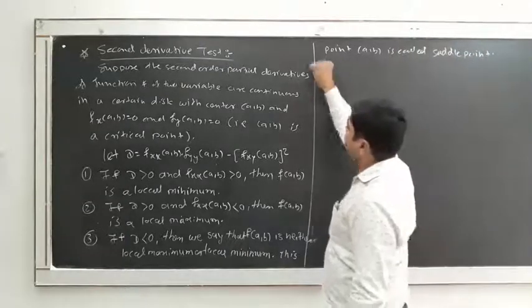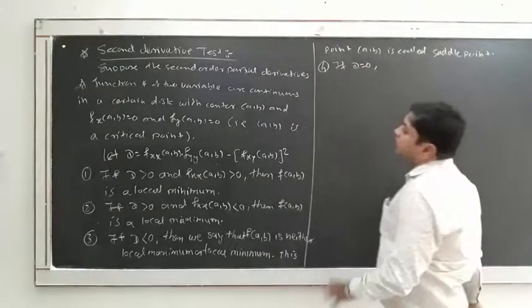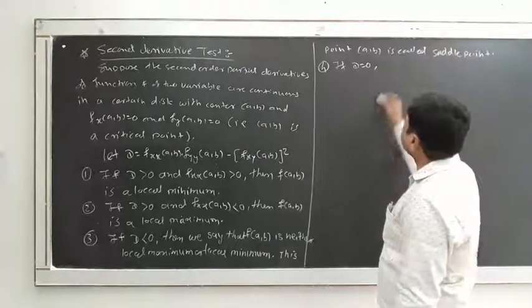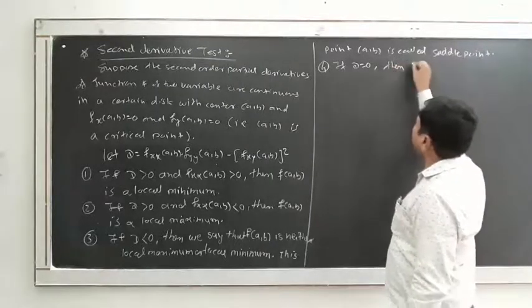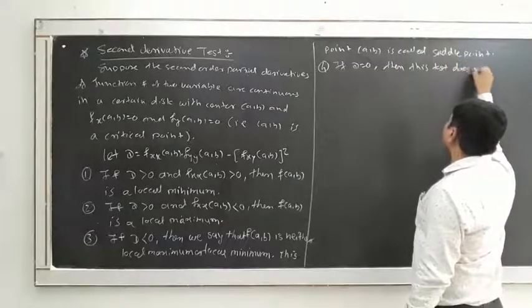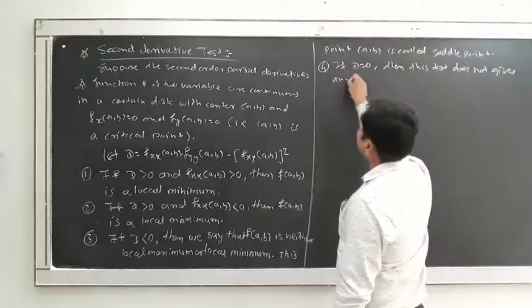Fourth, if D is equal to 0, then we say that this test fails, or this test does not give any information.